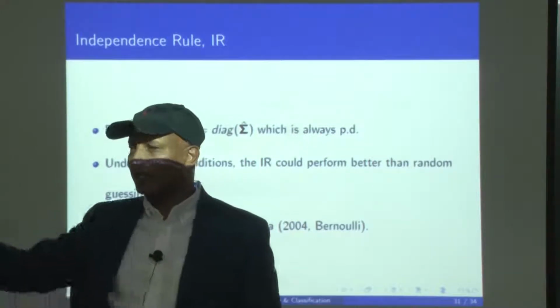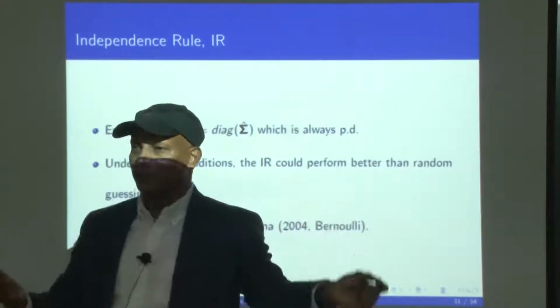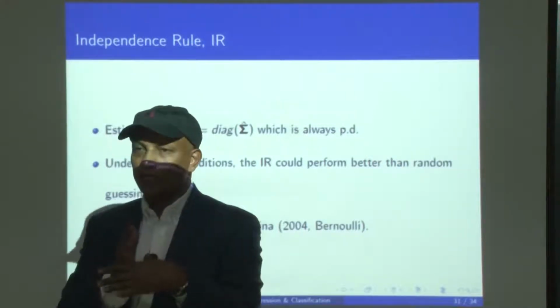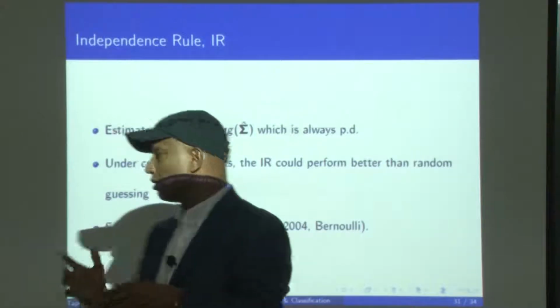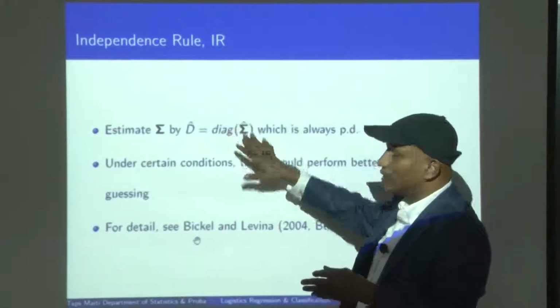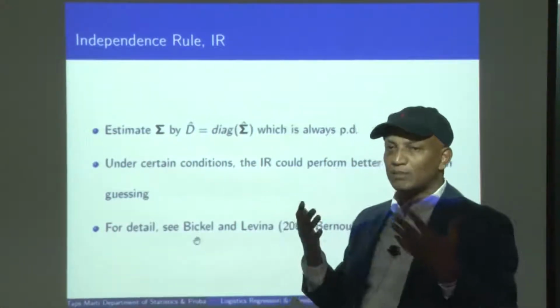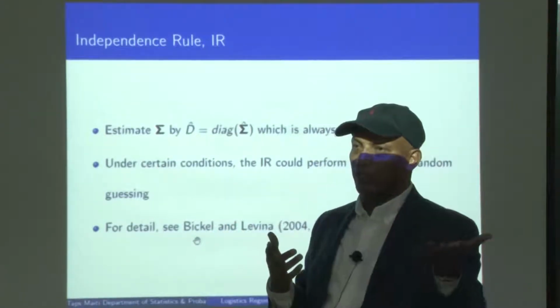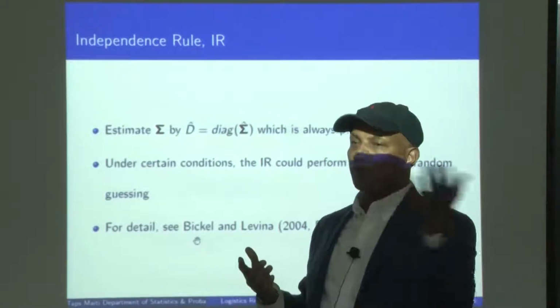Flip a coin, the guy is here, I'll decide whether he is in this group or that group. So 0.5 is the probability of misclassification for a coin flip. So you can show through some mathematics that this procedure can achieve that error rate at worst, which could be the flipping a coin. Otherwise it could be better.